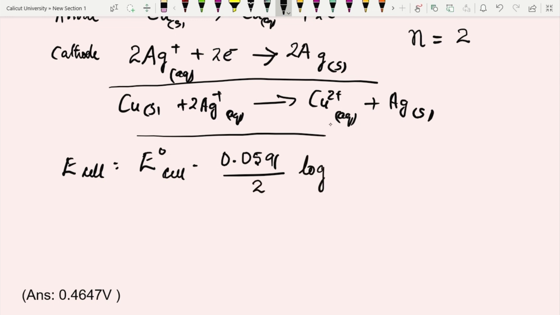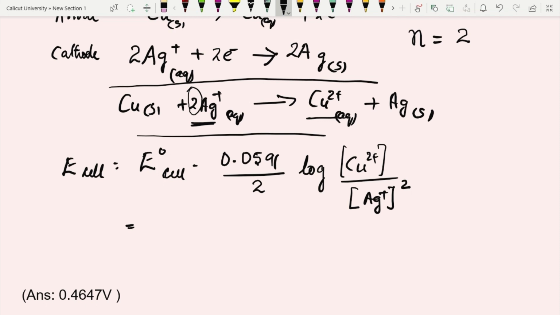When I take the products and reactants, I will take into consideration only the ions. So, here I will have copper ions and silver ions, but the molar concentration is raised to the power 2, you have to keep in mind that too. So, log of the molar concentration of copper 2 plus divided by the molar concentration of silver plus raised to the power 2, that is the number of moles of silver.